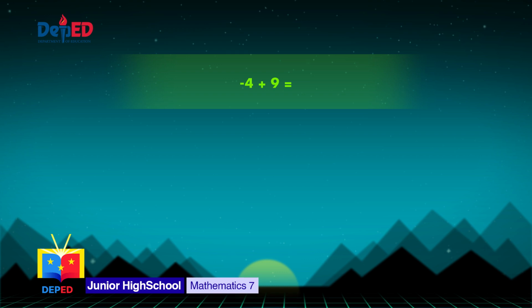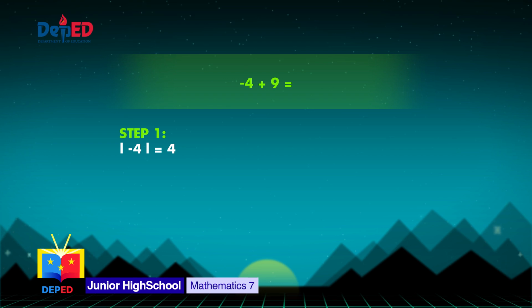Let's have an example. What is the sum of -4 and 9? Step 1. Find the absolute value of each integer. The absolute value of -4 is 4, while the absolute value of 9 is 9.